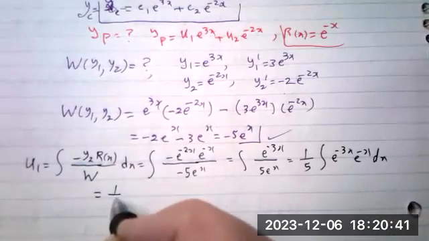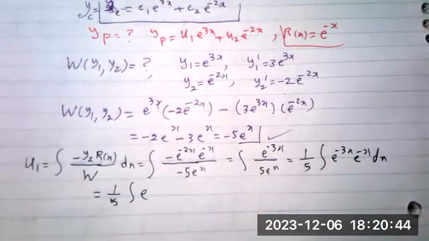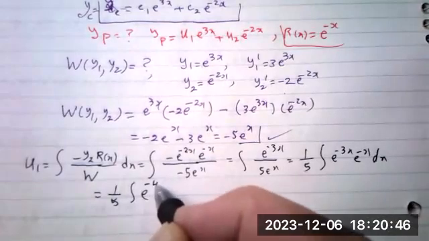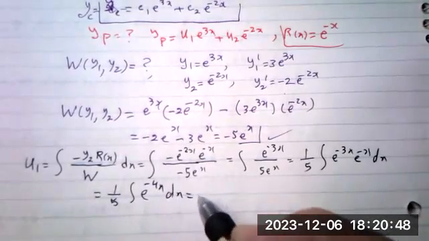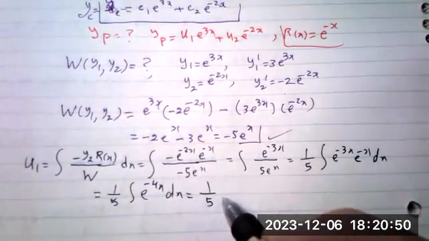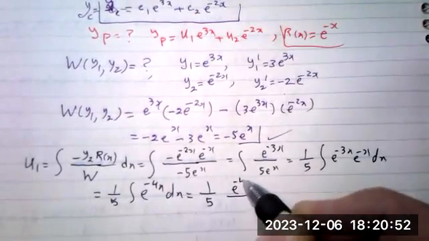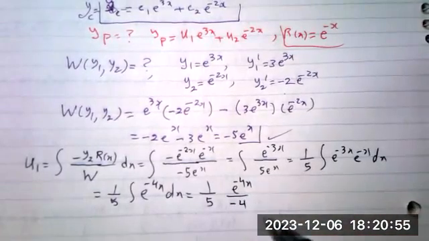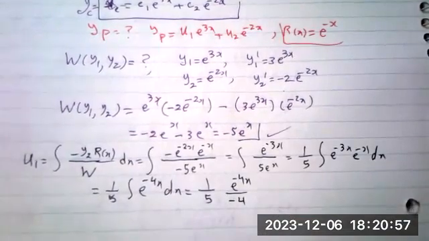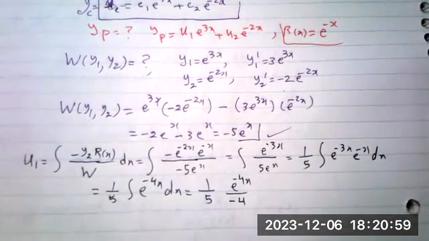So it's one fifth the integral of e to the negative 4x dx. And you know this integral. It's going to be e to the negative 4x, divided by negative 4, plus a constant. Okay. Yes.